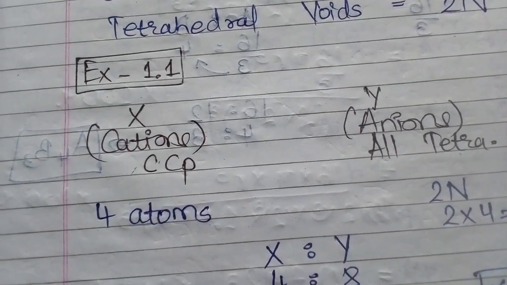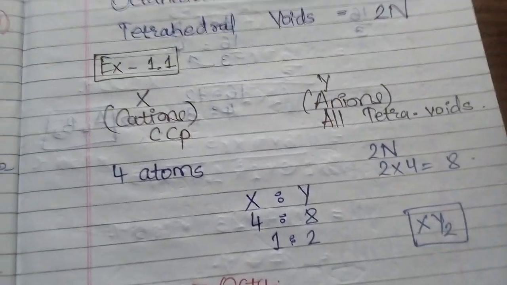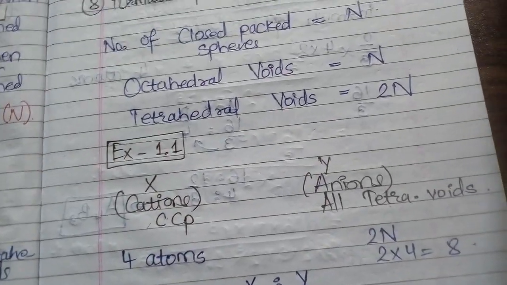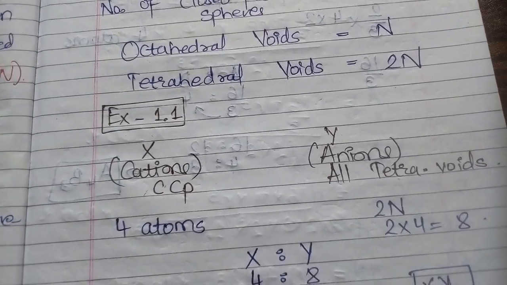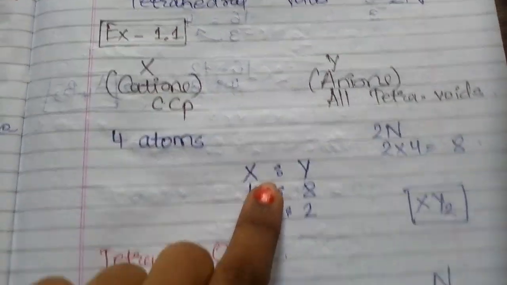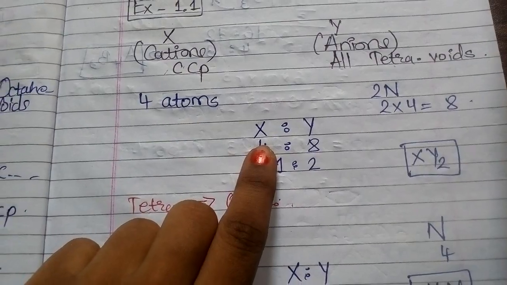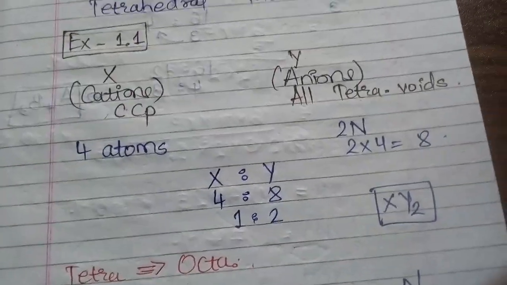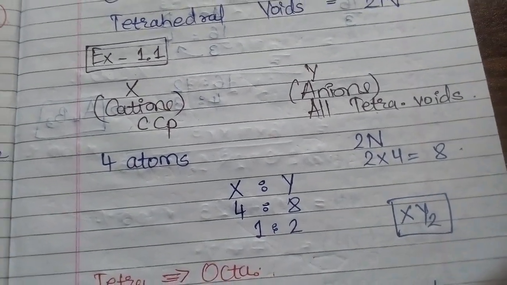So for CCP I have 4 atoms, so for X I have written the ratio as 4. Hope you understood how I wrote X as 4.